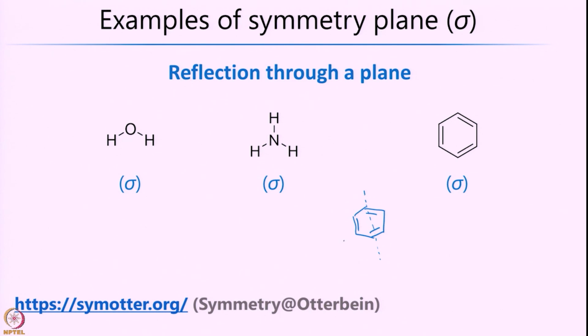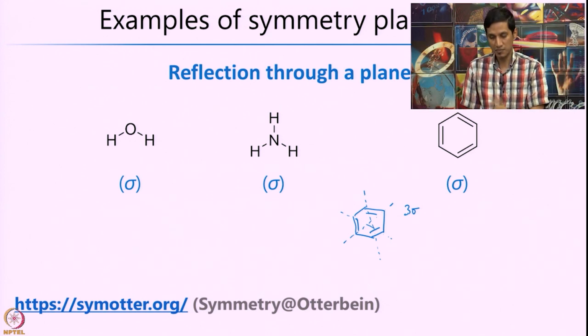And similarly I could draw two more here, one and another one. So I have now 3 sigma planes which are going perpendicular and through the atoms, right.